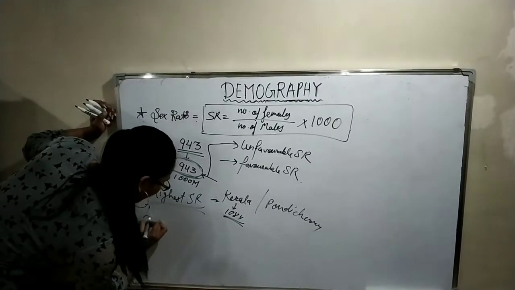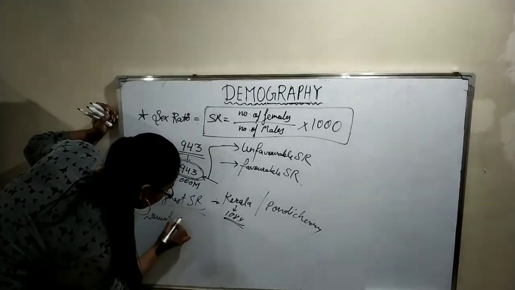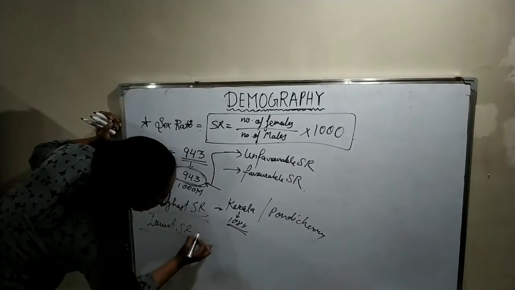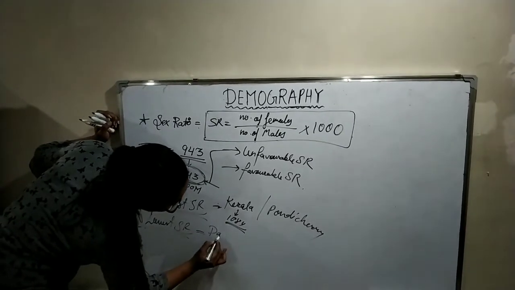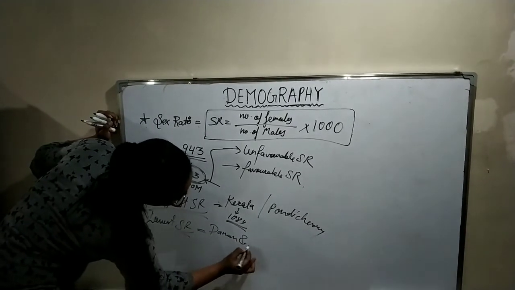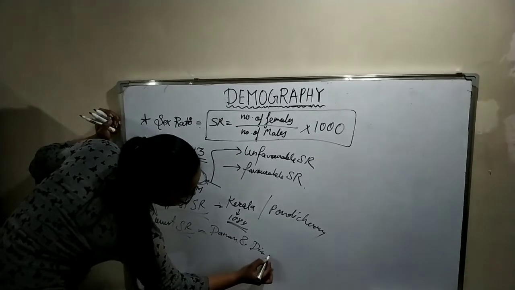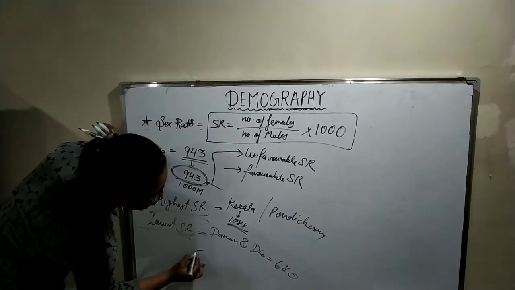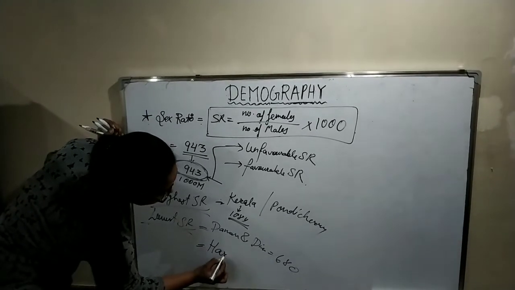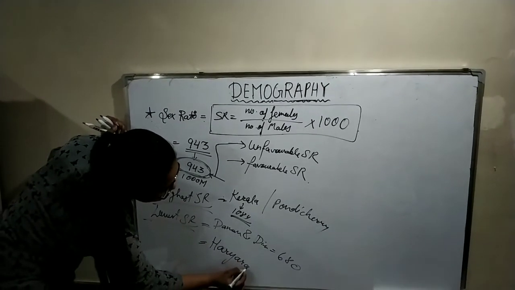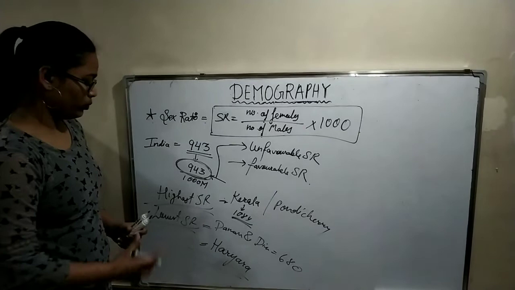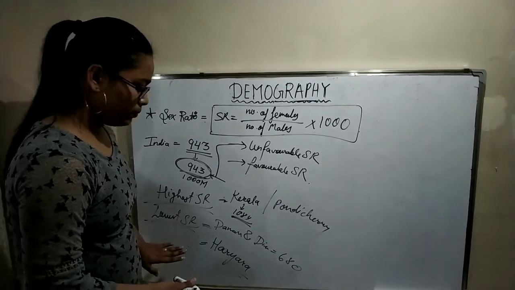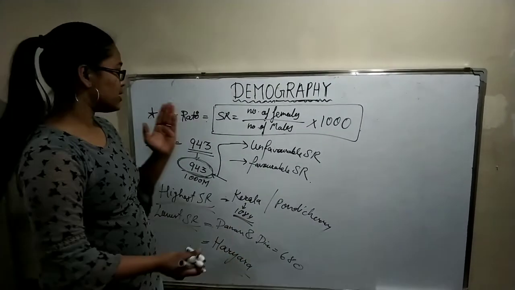And if we talk about lowest sex ratio, according to Union Territory, it is Daman and Diu, which is 680. And according to states, it is Haryana. Haryana has lowest sex ratio. So this is about the sex ratio.